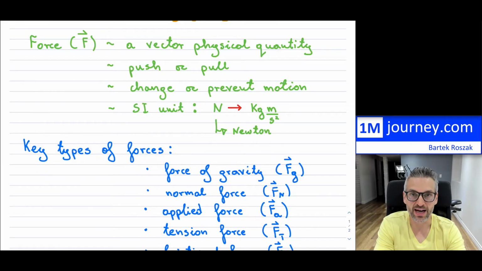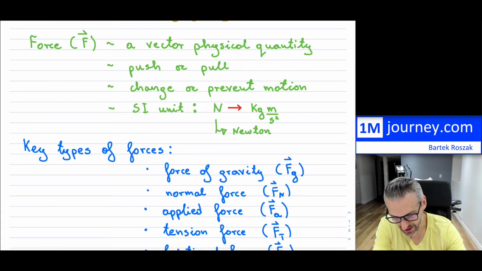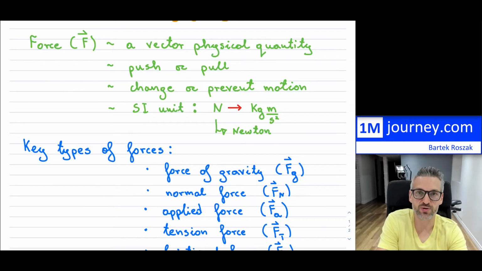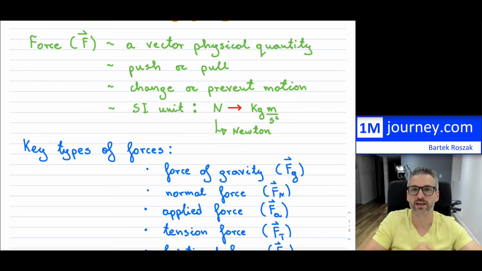Now, what exactly is it? Well, if it has something to do with causing movement or preventing movement, then it actually is something related to either a push or a pull. And these pushes and pulls, for us, especially in the beginning, it's actually enough to understand that if you're pushing something or if you're pulling something, you can imagine that that is a physical quantity.